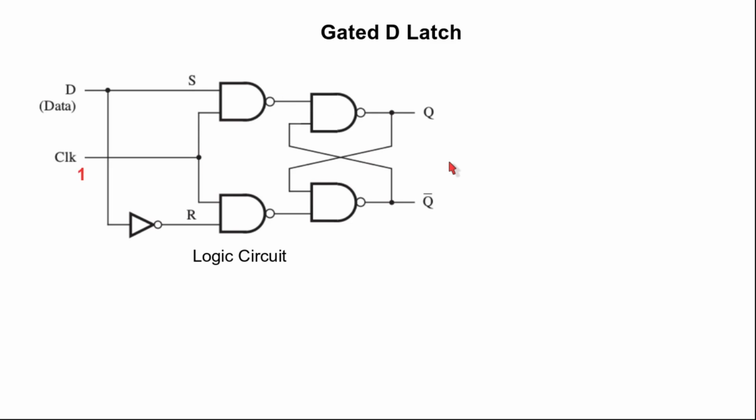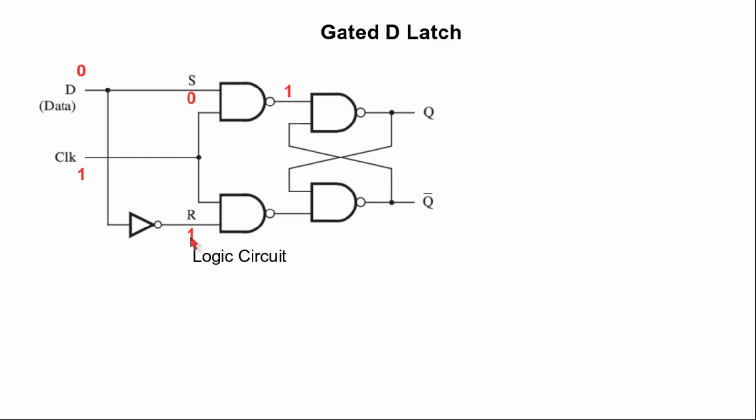When the clock input is 1 and the D input is 0, then this input to the first NAND gate will be 0. And since the input to the second NAND gate is the complement of D, and D is equal to 0, this input to the second NAND gate will be equal to 1.